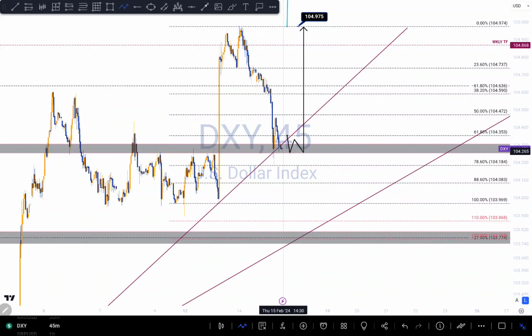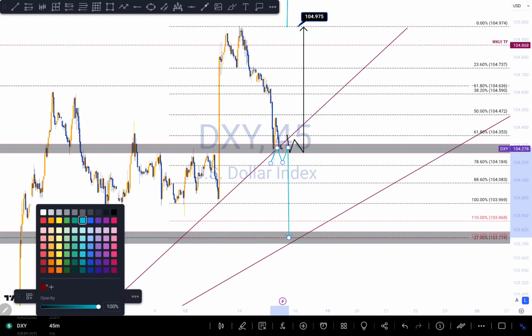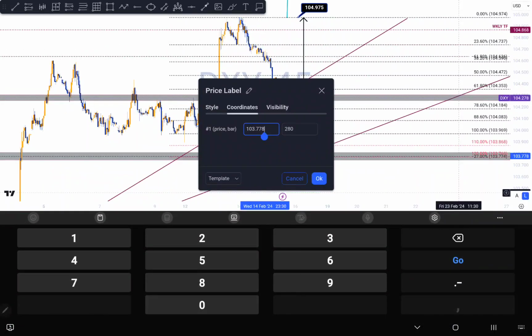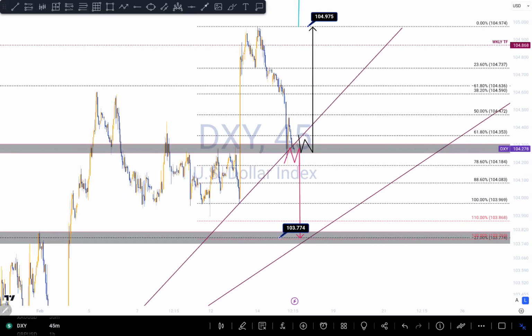We want it to come here, break structure, and give us some sort of M pattern. Then this certainly will be my next target for sell, which is right around here, 774. That will be our next target, guys.